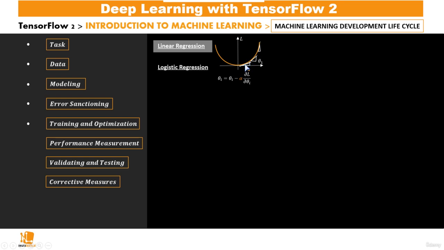Then we move and we go this way. We'll find that selecting a very good value for alpha is important, and alpha turns out to be the learning rate. Don't forget that while training, we are trying to teach this algorithm how to select the best values of theta i such that the loss is minimized, hence the name learning rate. We're trying to learn some parameters, and the rate at which we learn these parameters is affected by the value of alpha, which happens to be our learning rate.